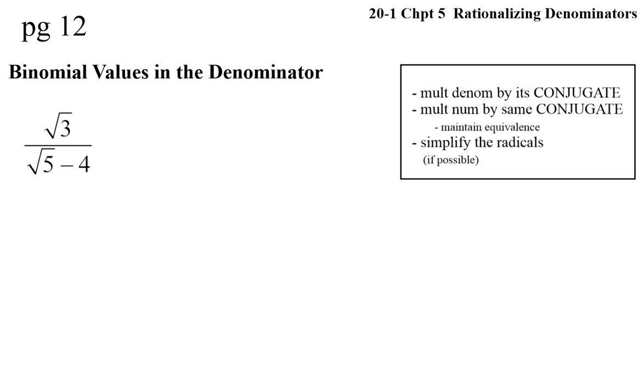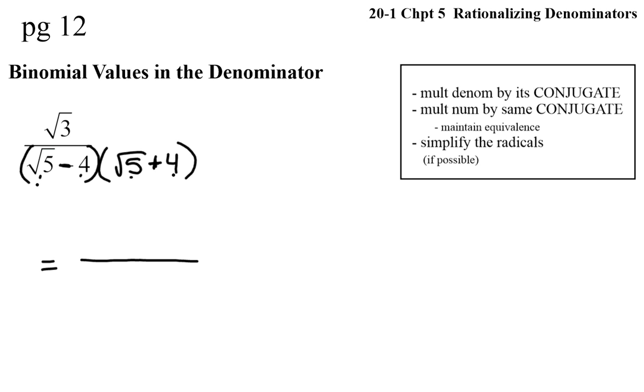Let's try another one. Root 3 over root 5 minus 4. Don't like the radical, so because it's 2 terms, we need to multiply by the conjugate. Same values, but different signs. Again, from what we just talked about, you can do all the FOIL, but you need to become efficient.